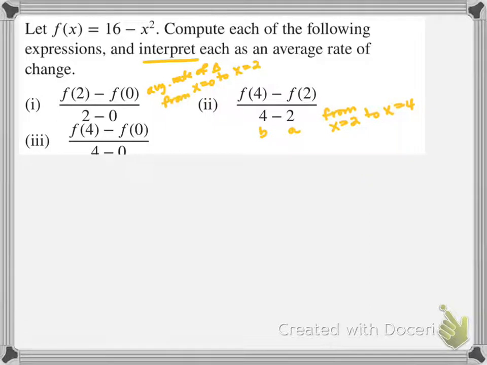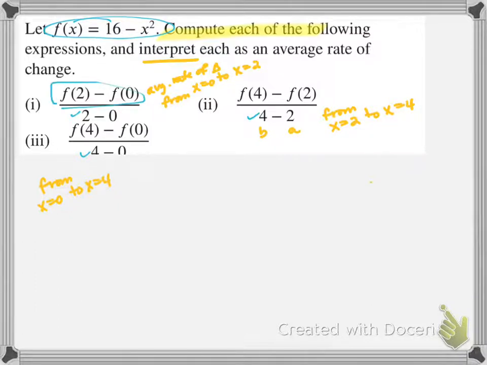And part 3 here is average rate of change from x equals 0 to x equals 4. So that's the interpret part. The other part is to actually compute the average rates of change, and you have a function that's been given to you. While you already have the input differences on the bottom, you'll have to go through and calculate the numerator part.